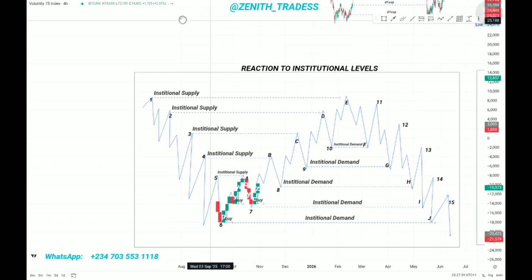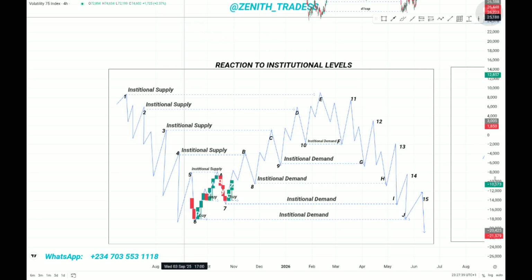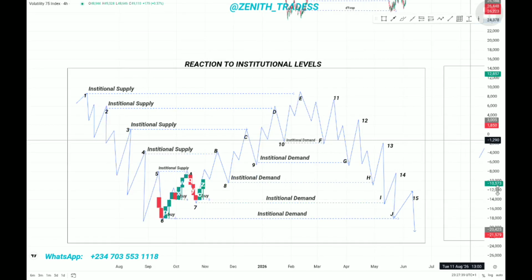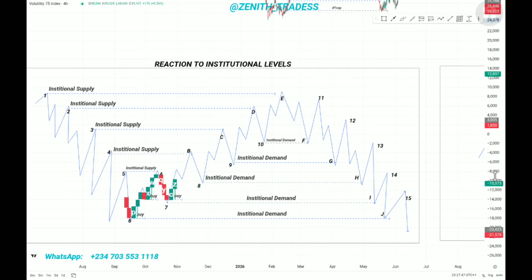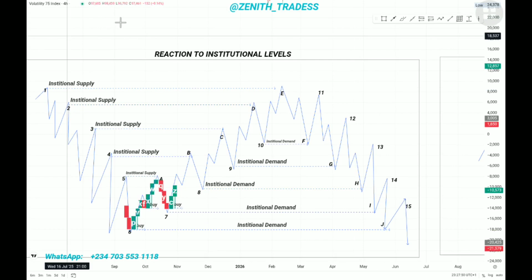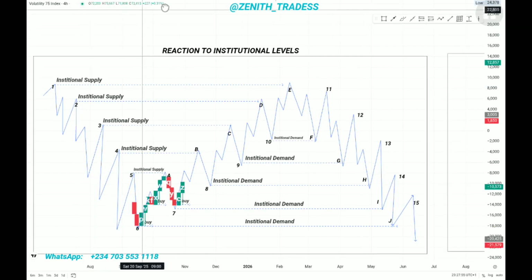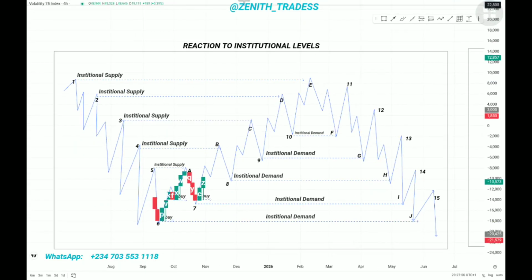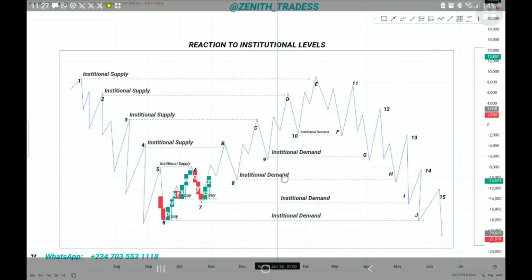So I'm going to use a schematic diagram, and since I've shown you the live market, you will get this explanation very easily. So this is the normal market structure from the beginning of the video.